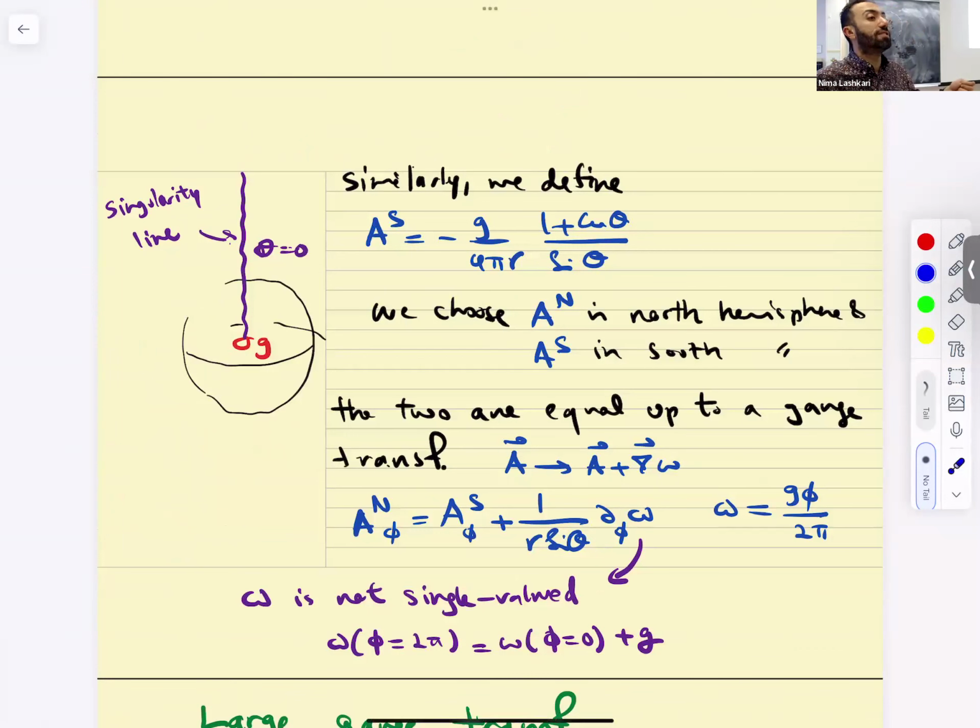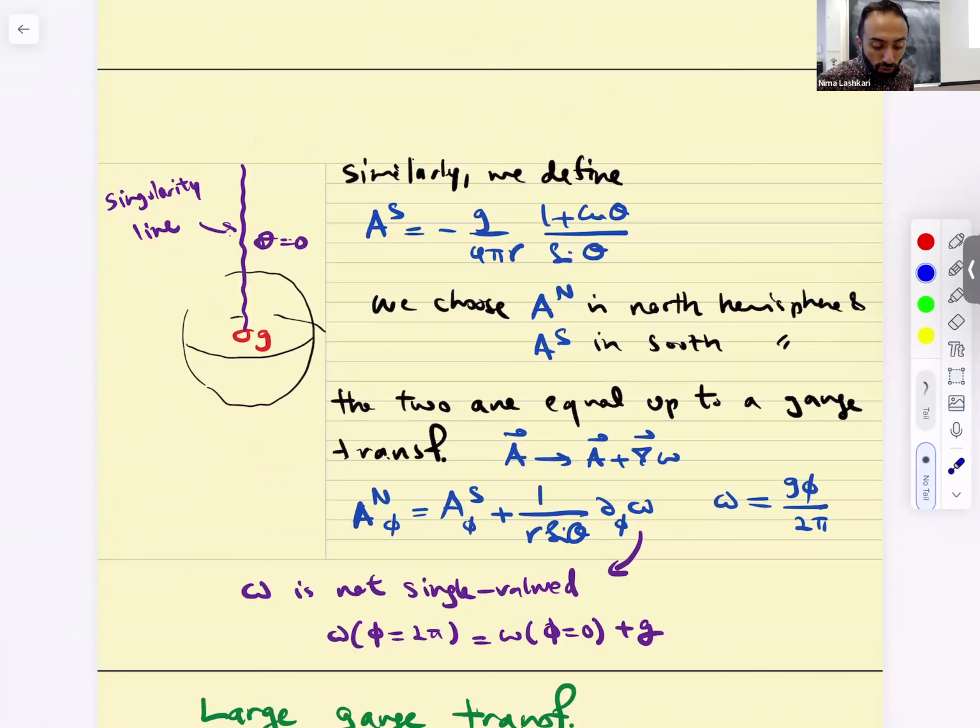Then we did a gauge transformation, right? It produces the correct B everywhere, but it has a singularity here. So now think of this. These two are related, as we go around this, by a shift in gauge. So this is a non-trivial gauge transformation.